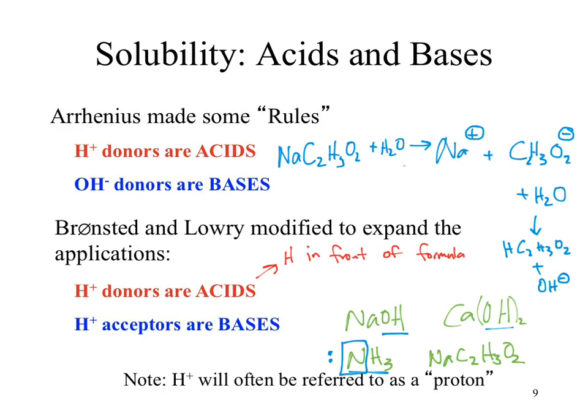Negatively charged. NH3 acted as a base because of its lone pair, which has our negative charge. Sodium, and I'm going to switch to the full name now, sodium acetate acted as a base because it had a negative charge.